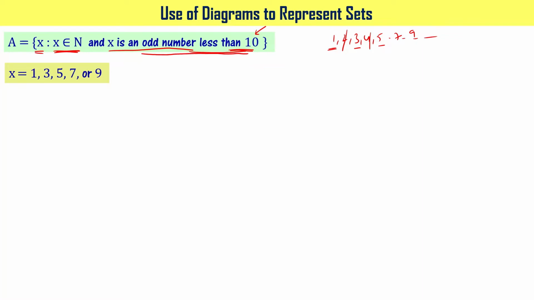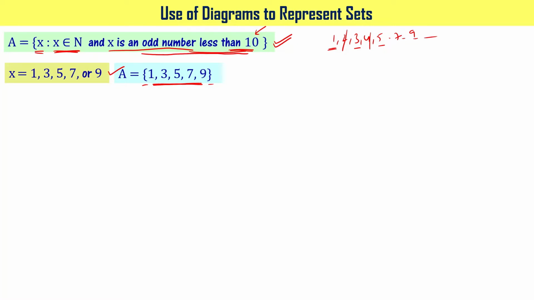That's why the elements of this particular set are going to be 1, 3, 5, 7 and 9. Then in the roster form, you write all the elements in between curly brackets, right? So A is a set of elements 1, 3, 5, 7 and 9. That is exactly what it is when it is given in set builder form, right?